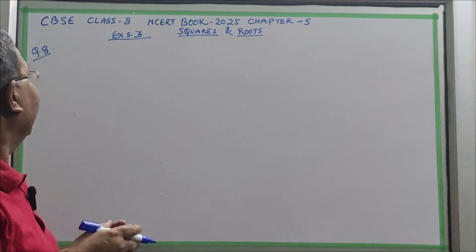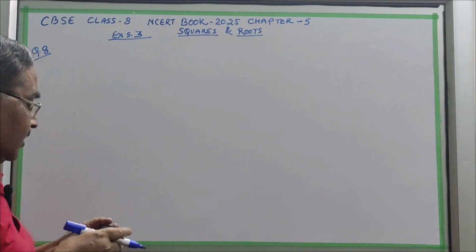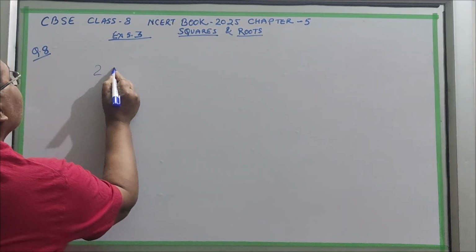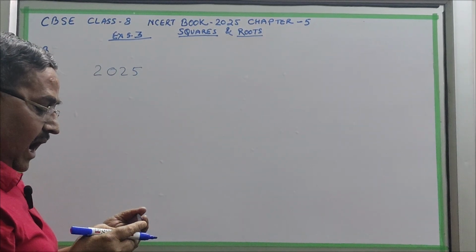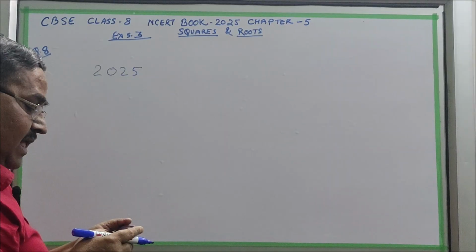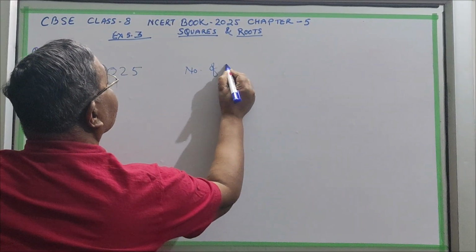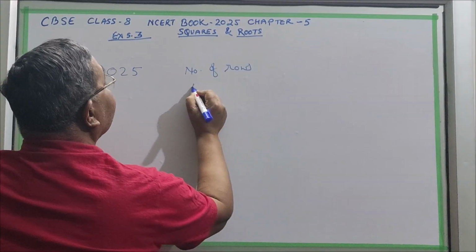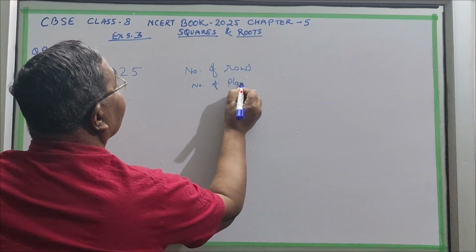Now question number 8 of exercise 5.3. 2025 plants are planted in such a way that the number of rows and number of plants are equal.